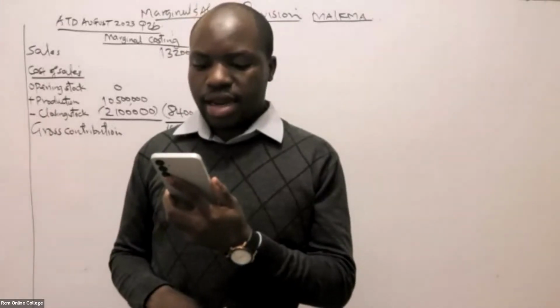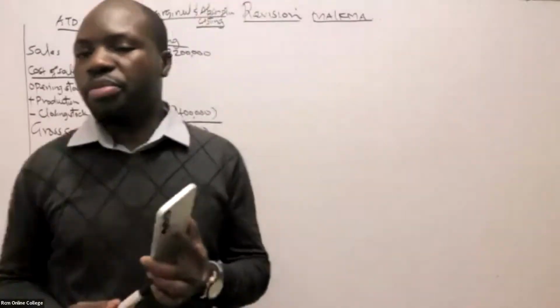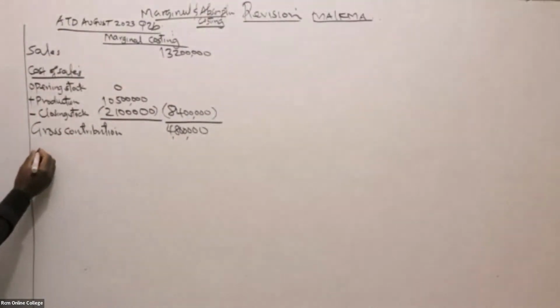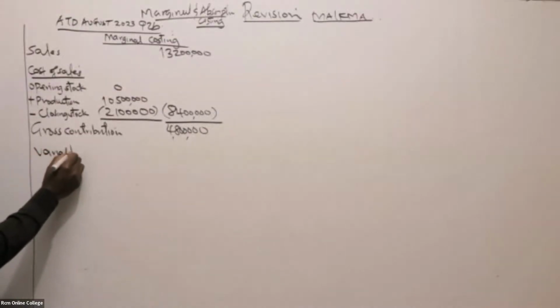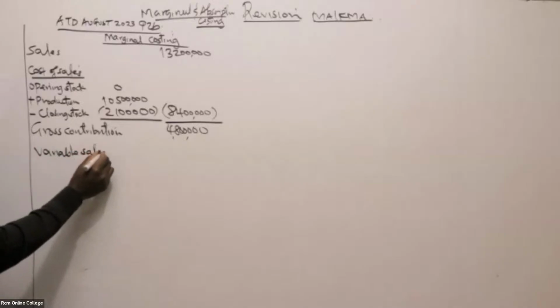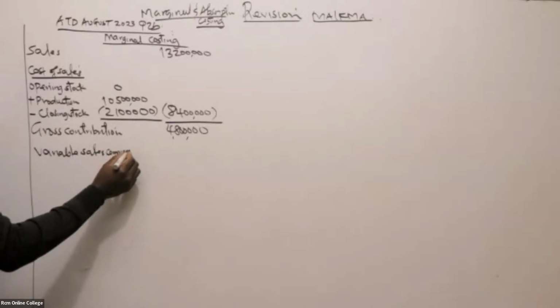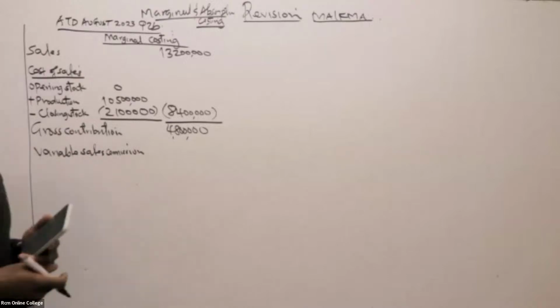Under sales and admin costs, the first thing you are able to see there is variable sales commission. So how much is the variable sales commission? The figures are given in thousands, that is 300,000. Now, what is happening is this.